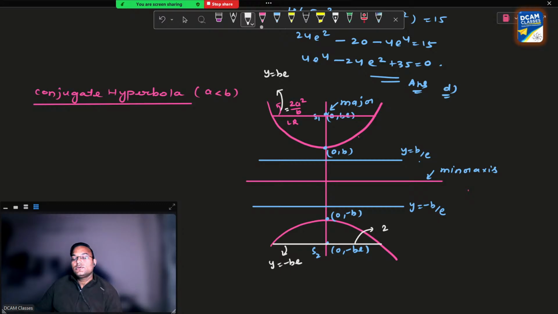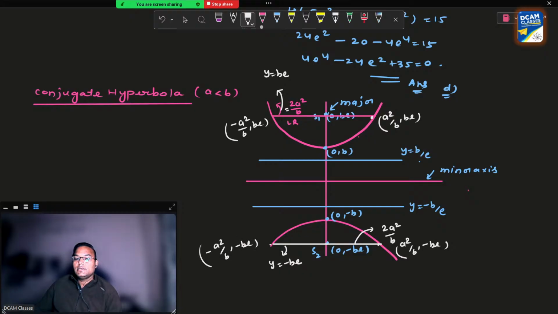This length is also 2a square by b. The points are again a square by b comma b, minus a square by b comma b, a square by b comma minus b, and minus a square by b comma minus b. These are the points. Okay.